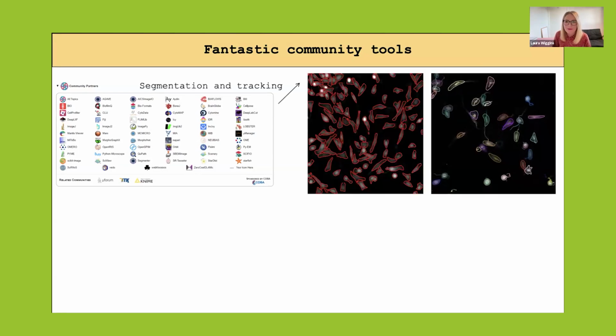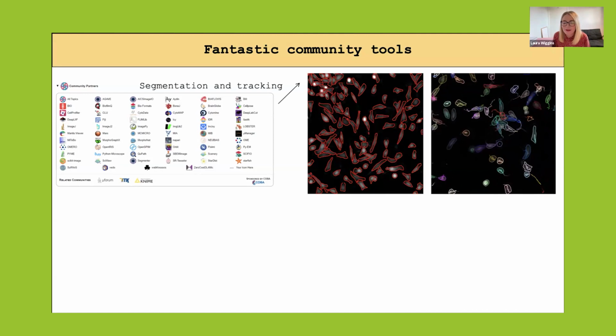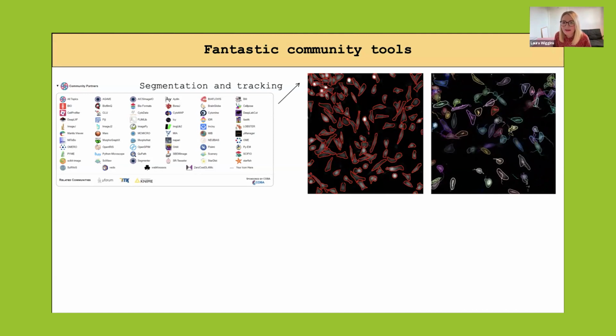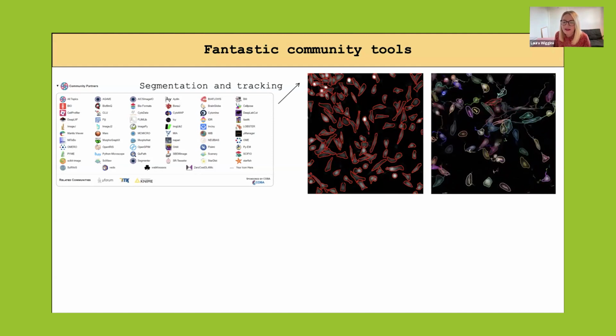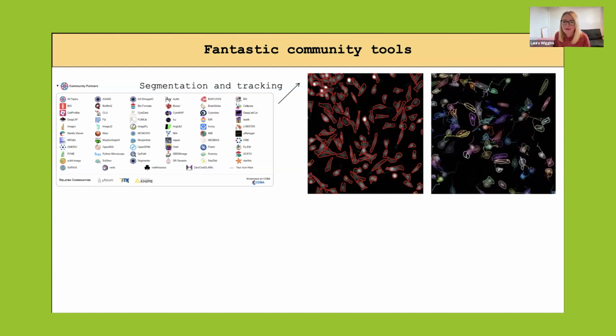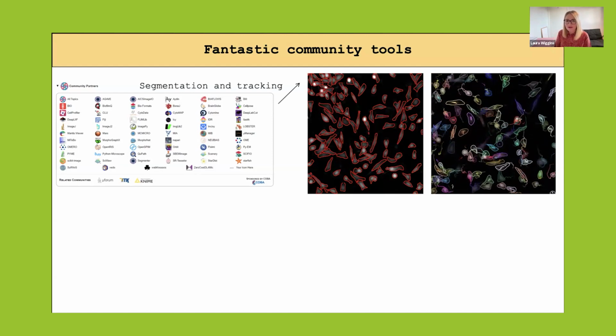So for example, recent advancements in segmentation and tracking are incredible. We're now able to segment and track with huge accuracy, really complex samples, highly dense cell samples, up to tissue, etc. And these are a really important starting point to be able to extract reliable phenotypic metrics and to go on and do something with that data.